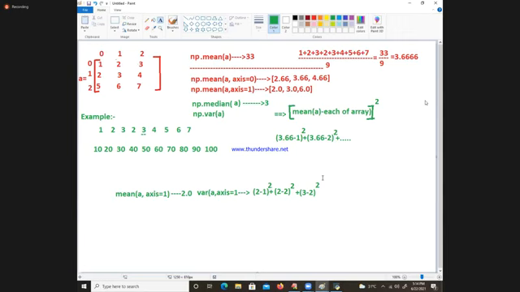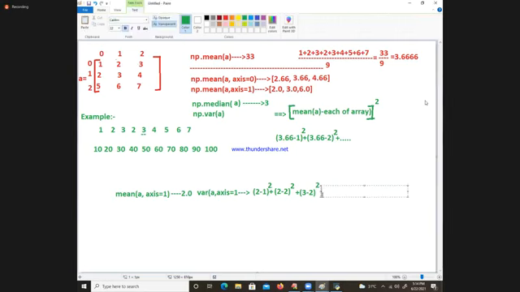Is equal to 1 plus 0 plus 0 plus 1, which is equal to what?